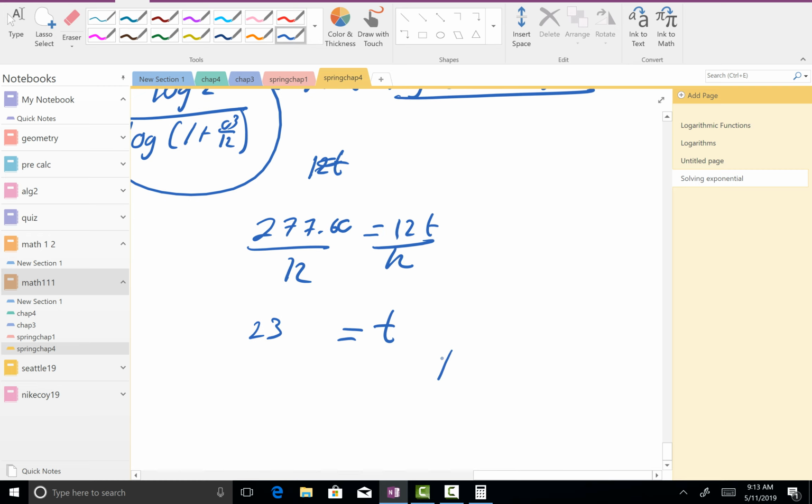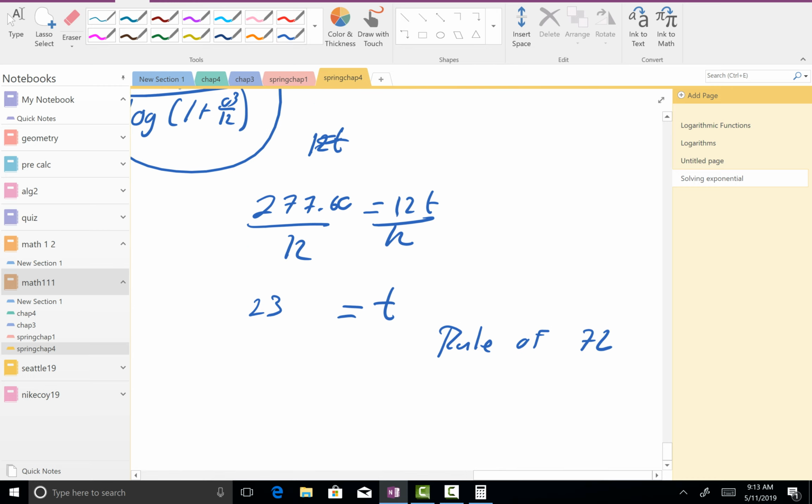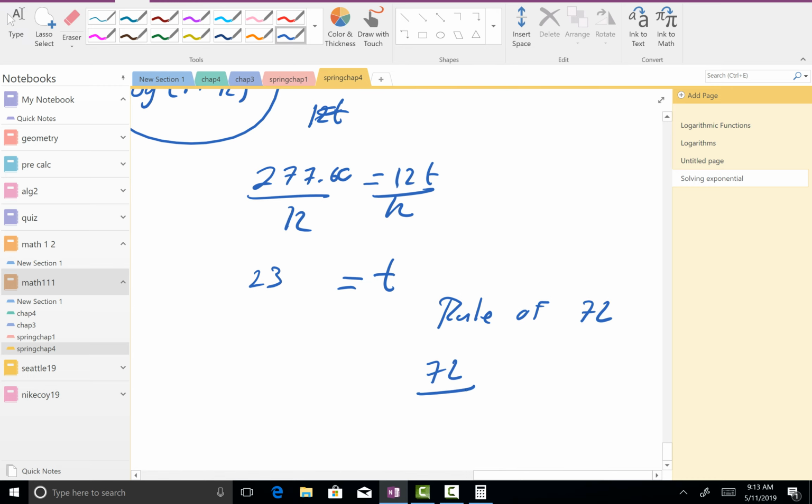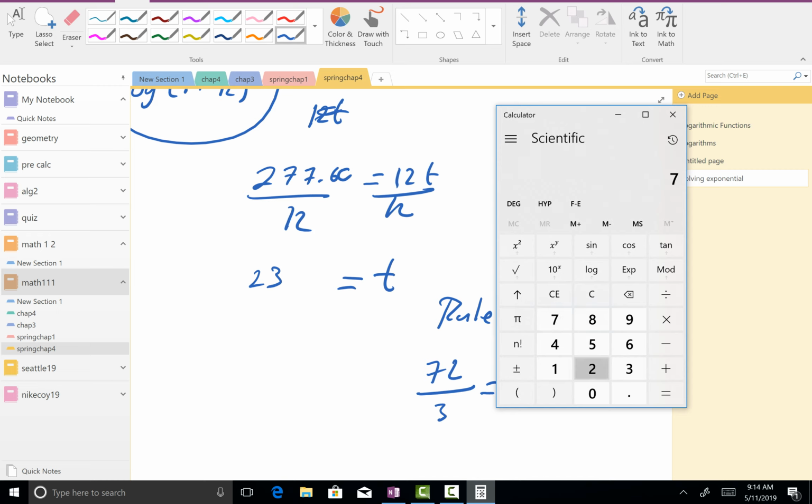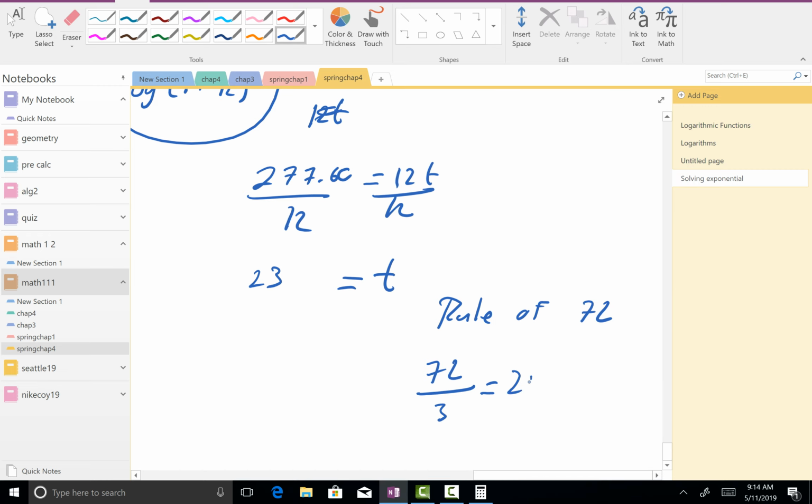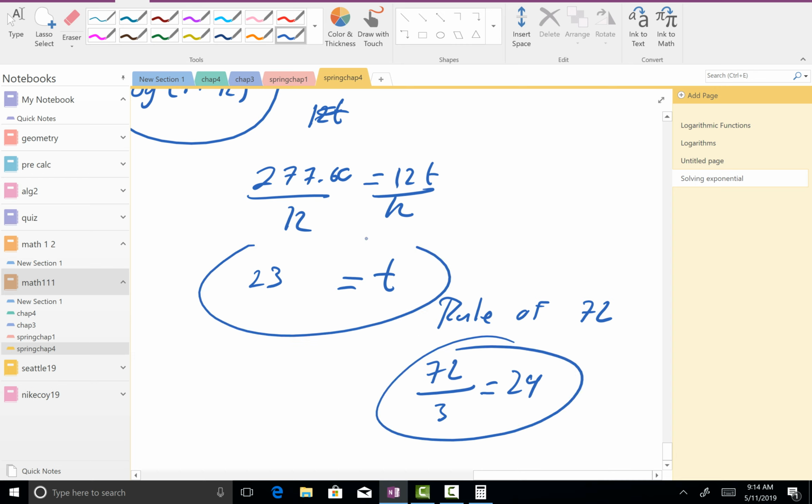But what's interesting is there is a rule of 72, they call it. If you take 72 and divide it by 3, you actually get a pretty dang good approximation for how long it takes for something to double.